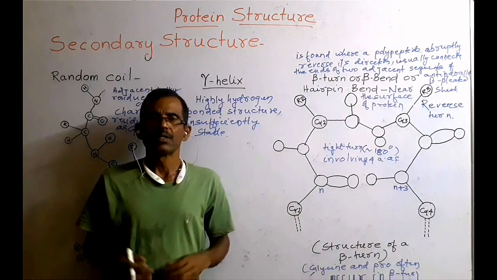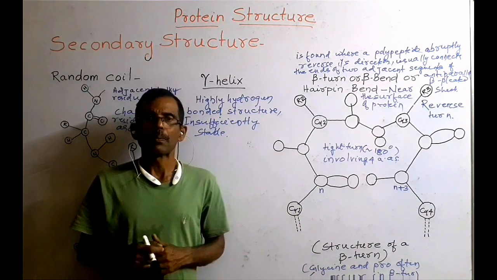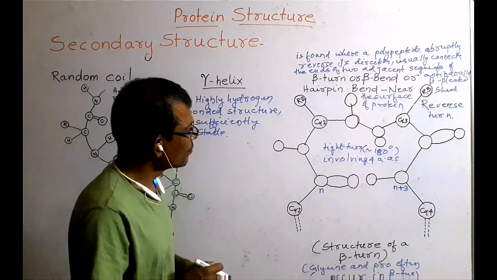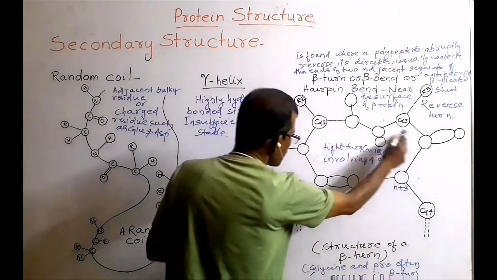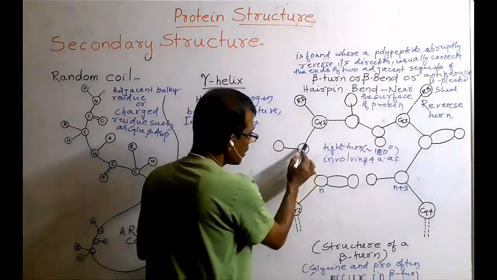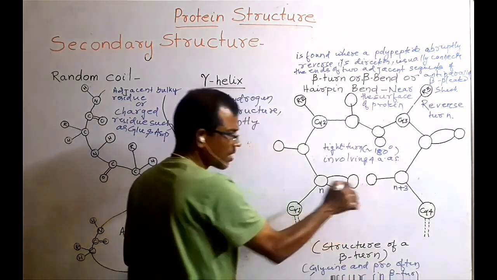Beta turn is found where a polypeptide abruptly reverses its direction. For example, this is a polypeptide chain. This polypeptide chain has abruptly reversed its direction.